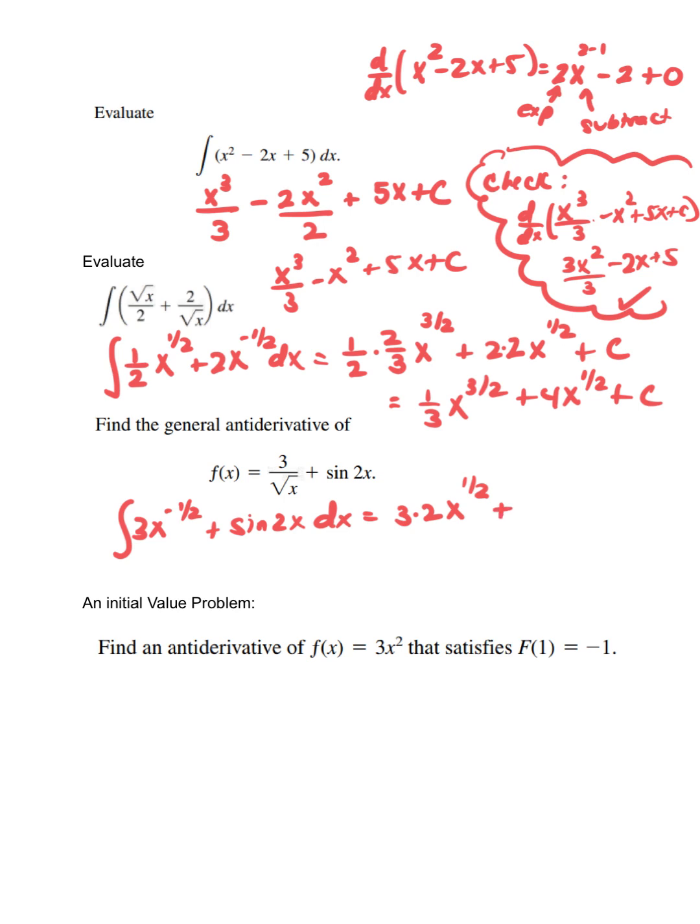When you integrate sine, I know that I come up with a negative cosine, so I probably want to make this a minus instead of a plus, because the derivative of sine is cosine, but the integral of sine is negative cosine.